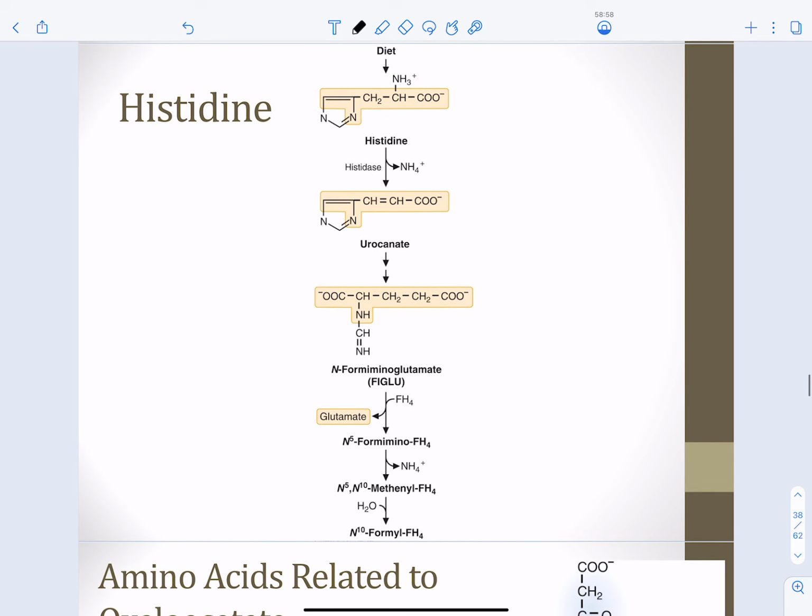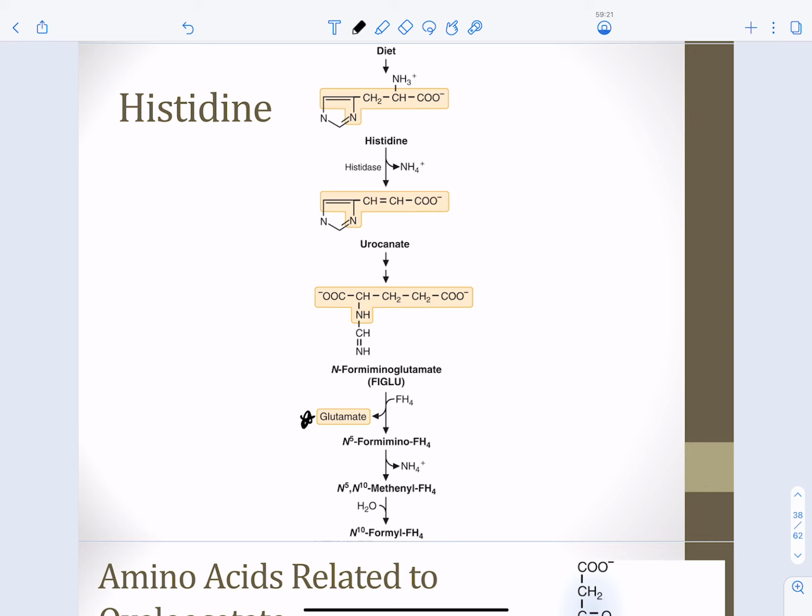All right, so now histidine can also give you glutamate. Histidine, of course, is an essential amino acid, and 5 histidine carbons can form the 5-carbon glutamate. This is going to require several steps. You're going to form eventually that N-formimino glutamate.